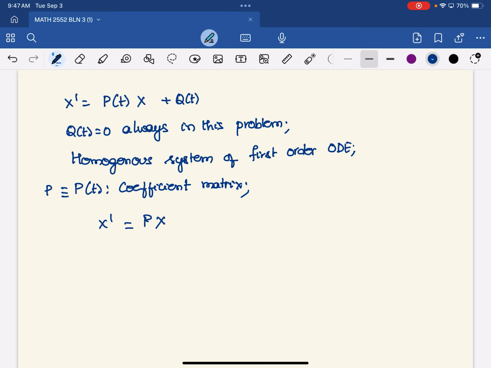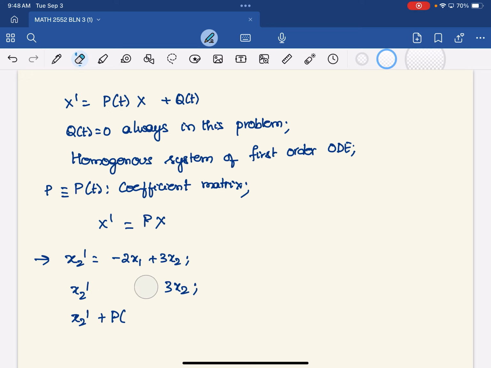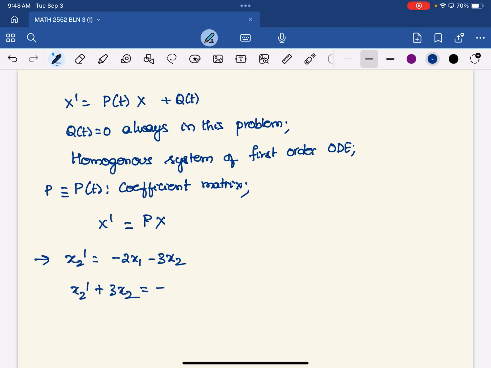I'm hoping that you are thinking that you want to use the method of integrating factor, but this is not the way I wanted to write it. Plus 3x2 equals negative 2x1.